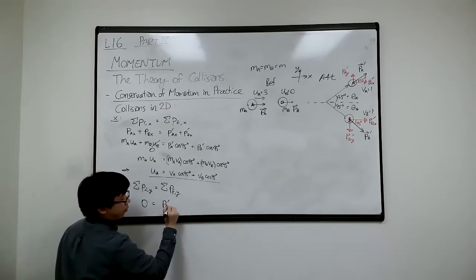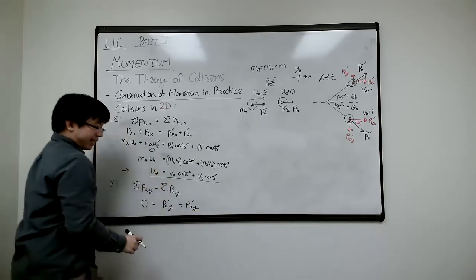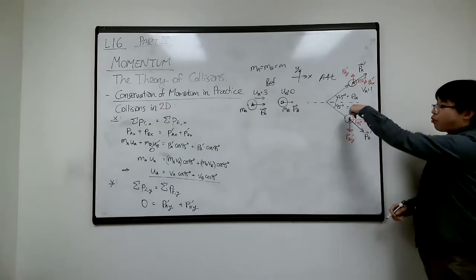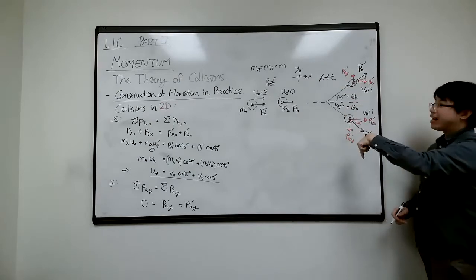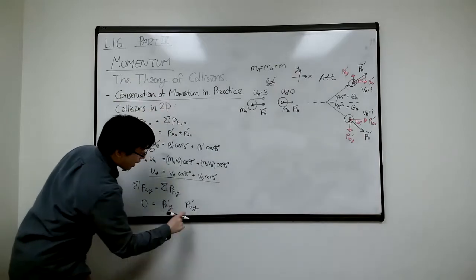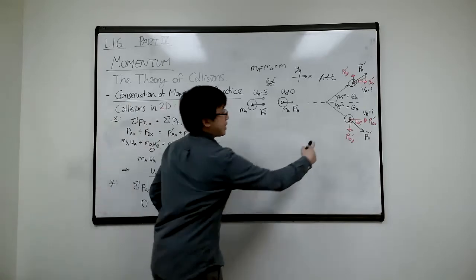So PA prime y plus PB prime y. But is this a plus or a minus? Let's see. So this is pointing in the negative y direction, right? So if I define my xy this way, then the y component of this is negative. Okay, in some sense, right?